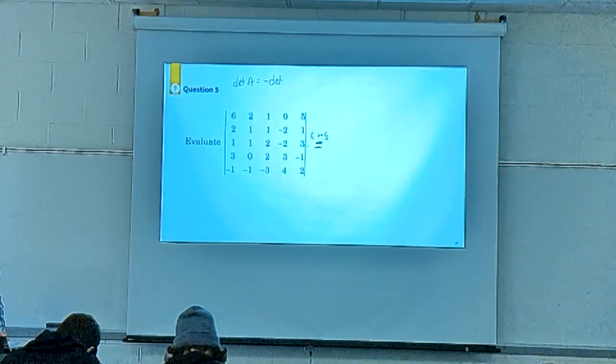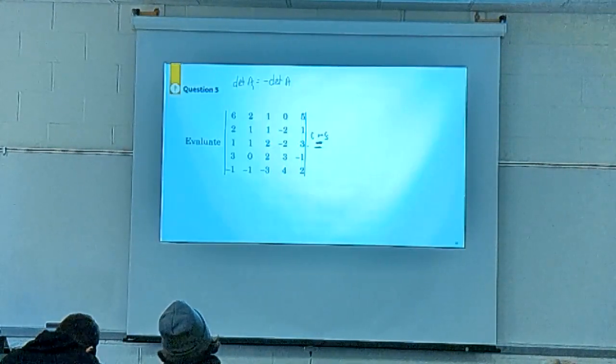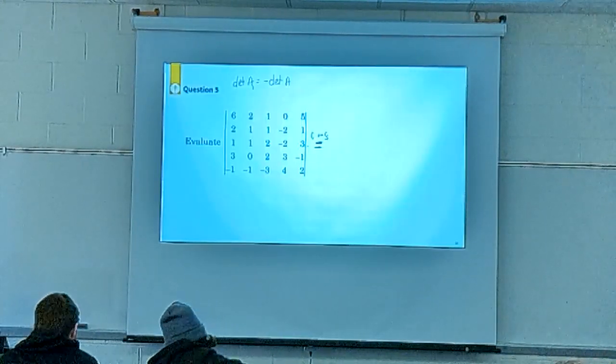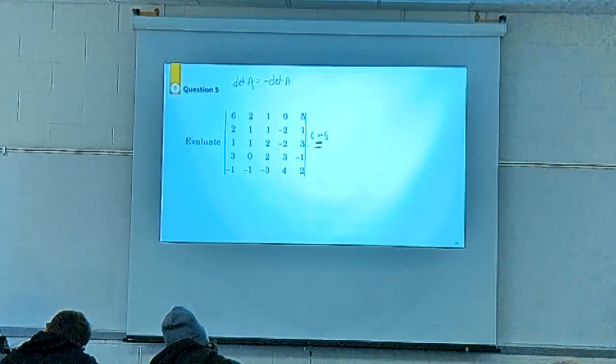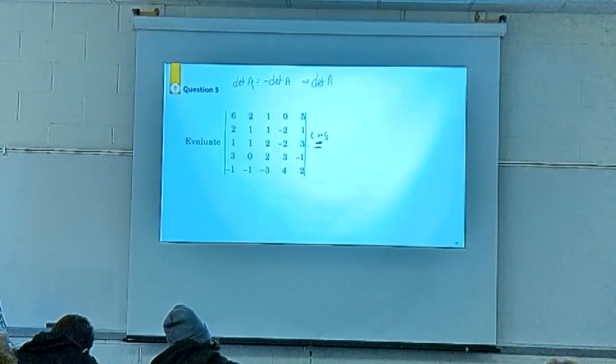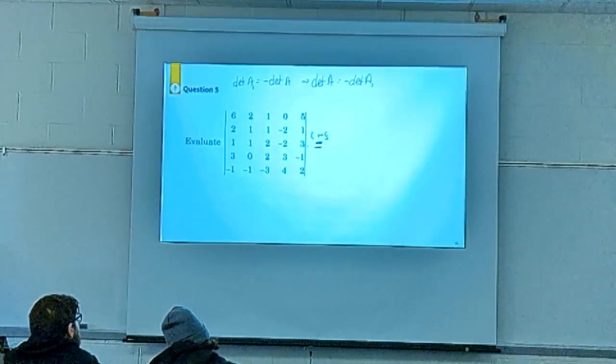This way, E times A I'm going to say is A1. So the determinant of A1 is negative determinant of A. But we're looking for the determinant of A. Because it's just a negative 1, you just multiply your new determinant by minus 1.